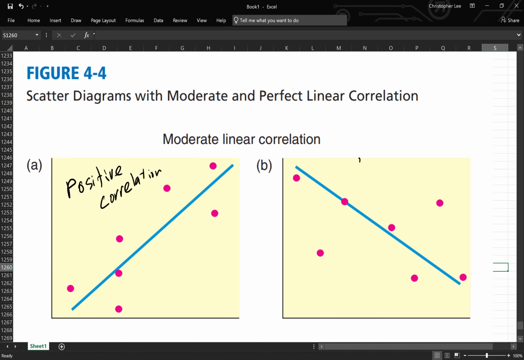This is negative correlation. All right, just so that you guys can say that you've seen it. Are there any questions on this?